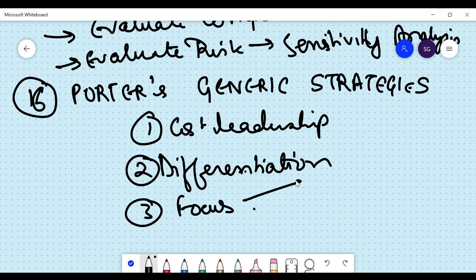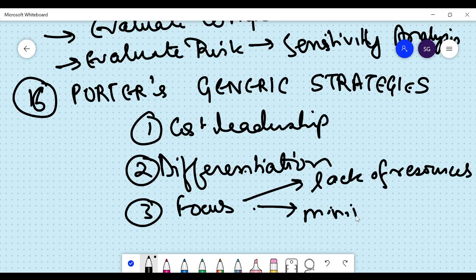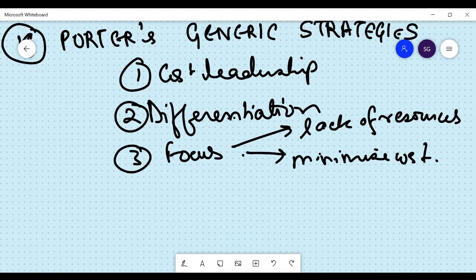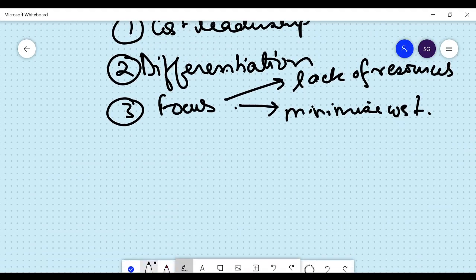Focus is used when there is a lack of resources or we want to minimize costs. That is our main focus. So it's like a combination of the other two.